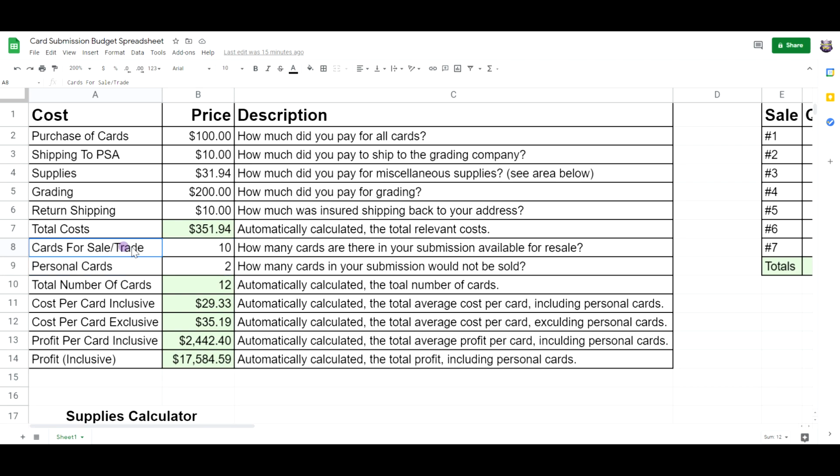So I like to differentiate between the two because very frequently I will include cards in a variety of different submissions, some of which are for sale and some of which are not. And that's okay. It's important to differentiate between the two because it can help you get a better and more accurate profit figure a little bit later on in this process.